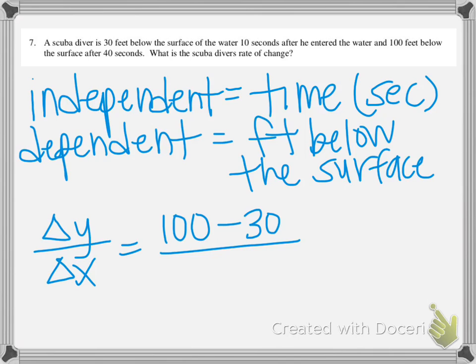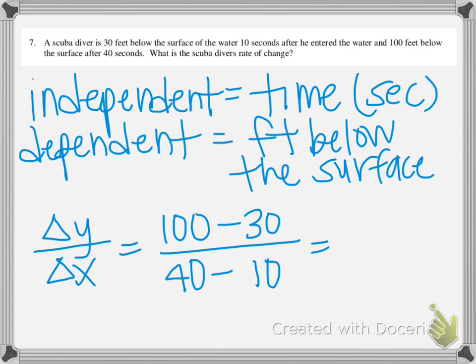So I have to think about what time corresponds with 100. It says he was 100 feet below the surface after 40 seconds, so 40 goes with the 100. And 30 feet below the surface after 10 seconds, so 10 seconds goes with the 30. Then I just simplify from there and add our units afterwards.